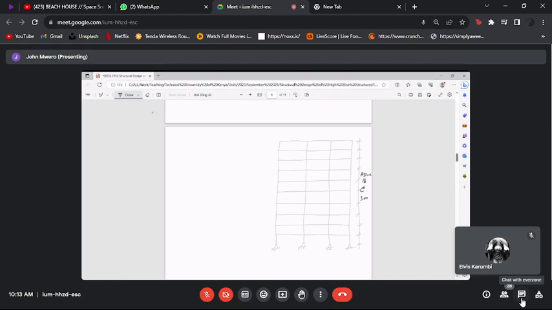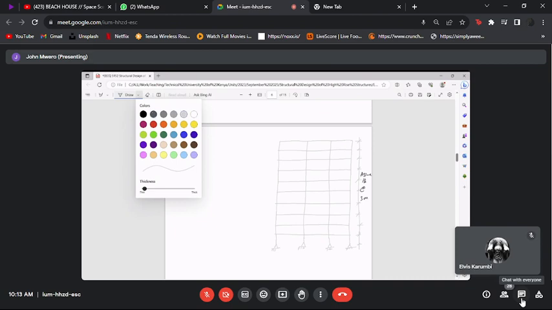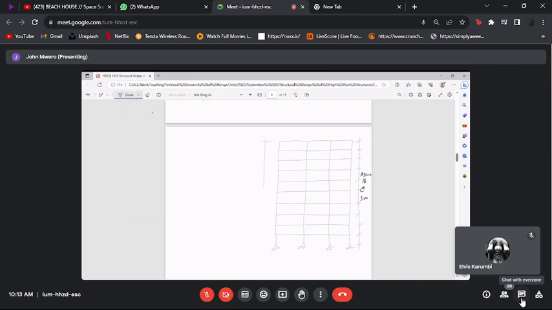If we assume that, then what is the total height of this building? 18 by 3, 54. This thing is 54 meters tall.